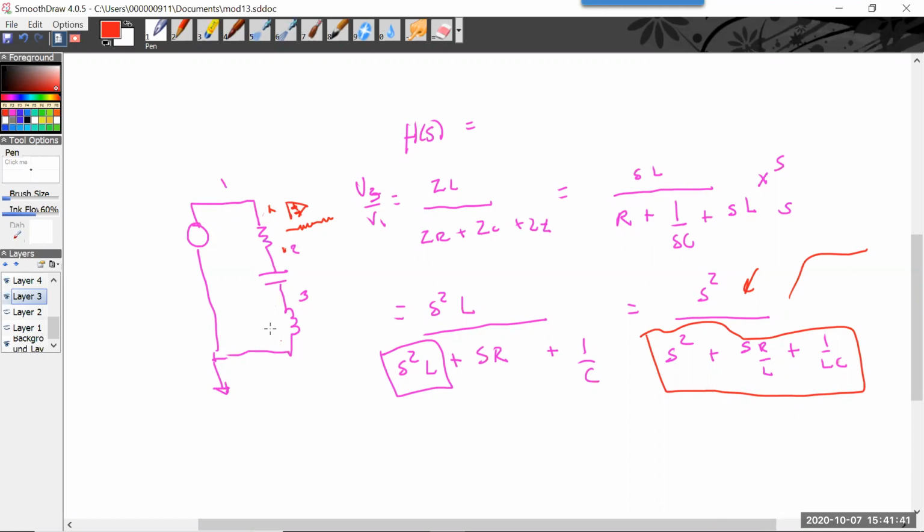So VL gives high, VC gives low, and VR gives band, and we'll go into that later. Now, here's something else I mentioned last time: VL plus VC equals notch.